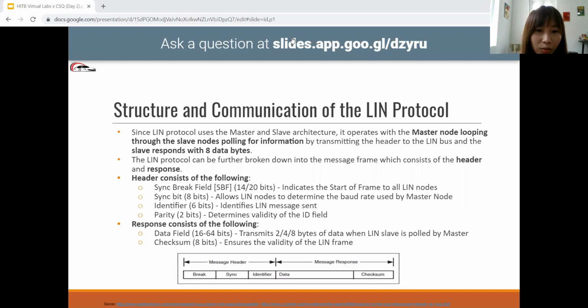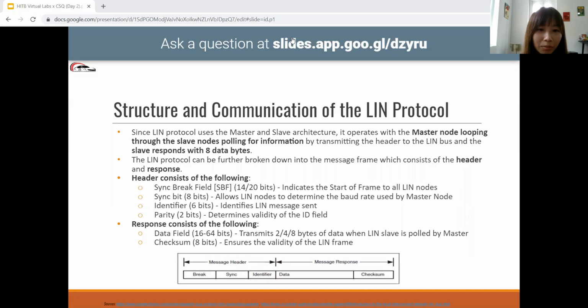In the header, you can see there is a break field over here, called the sync break field. The sync break field usually contains 14 to 20 bits, and it indicates the start of frame to all LIN nodes. Then you have your sync byte to determine the baud rate used by the master node, and your identifier, which is your ID, which identifies the LIN message sent.